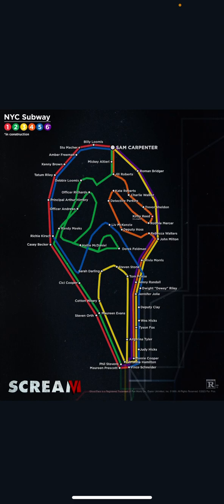So basically, like I said, we got this Ghostface subway map, and it has a list of character names and whatnot. It has character names in red, blue, green, orange, yellow, purple.